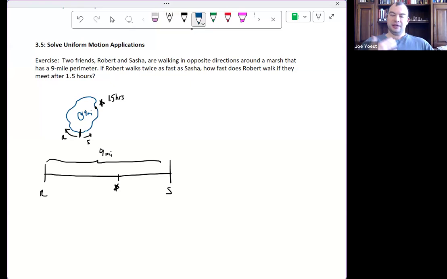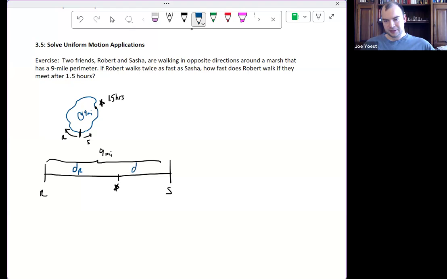So I know that at the end of this 1.5 hours, Robert will have walked a distance. Let's call it d subscript r. We'll use subscripts here because we want to use distance equals rate times time. So I want to use d, little r, and t to represent those quantities. Then I'll use subscripts to represent whether we're talking about Robert's or Sasha's distance or rate.